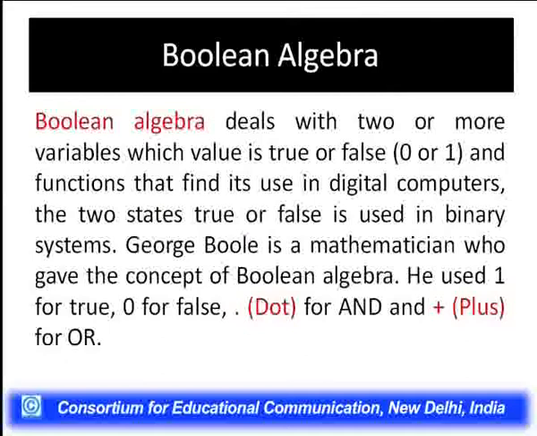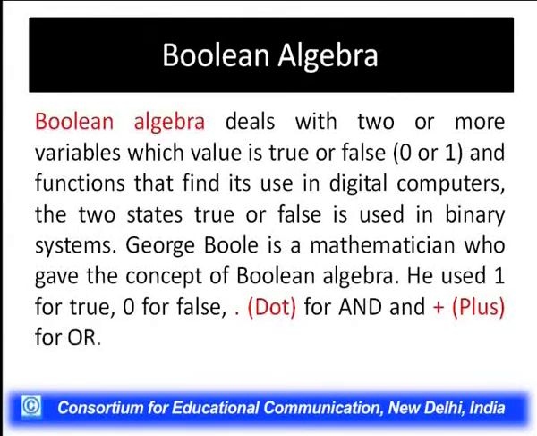Now let us understand what Boolean algebra is. Boolean algebra deals with two or more variables whose value is true or false, you can say 0 or 1, and functions that find their use in digital computers.